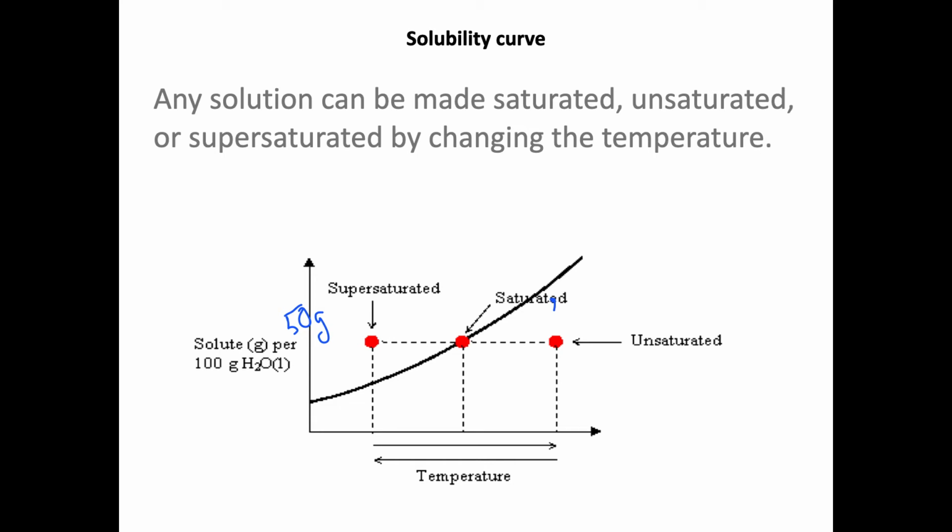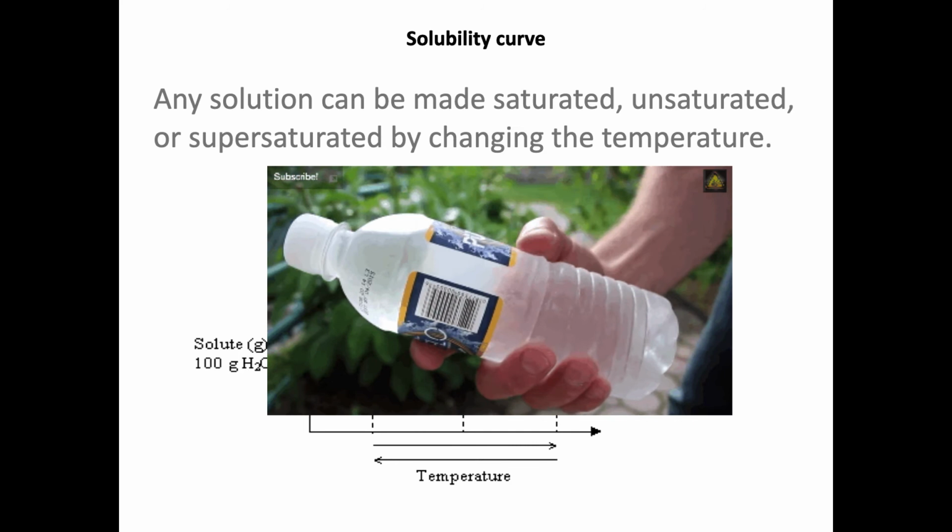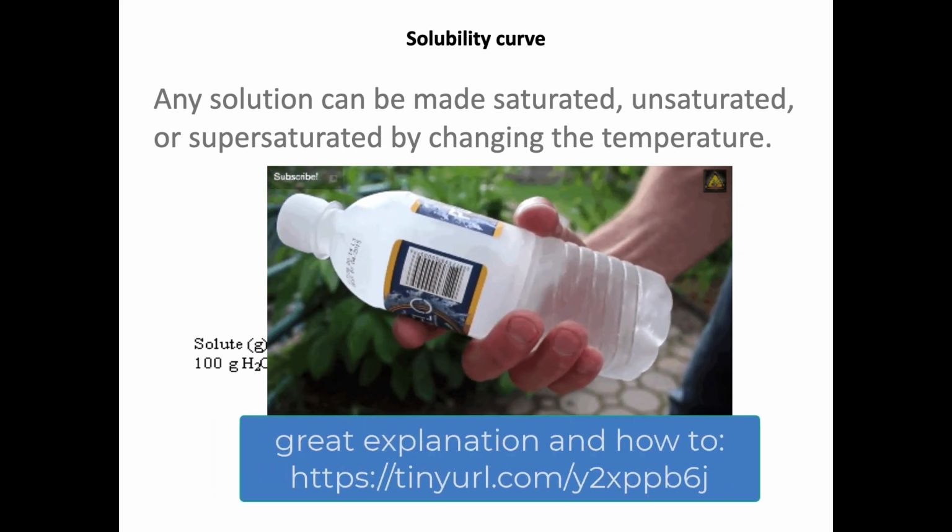This is demonstrated in a popular YouTube video from a few years back where people up north would leave a bottle of water in their car, and in the morning it's so cold, like 20 degrees, 0 degrees, below zero, and they would get the bottle of water and it was clearly a liquid, and then they would shake it or take the cap off or something, and it would instantly freeze, which is kind of cool.